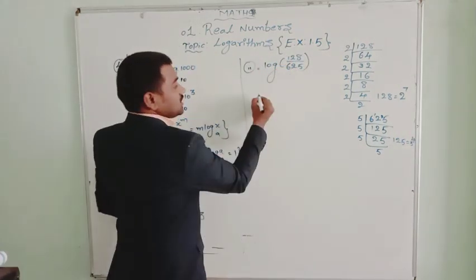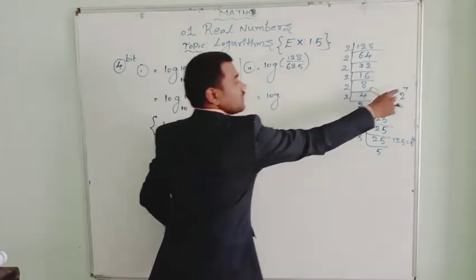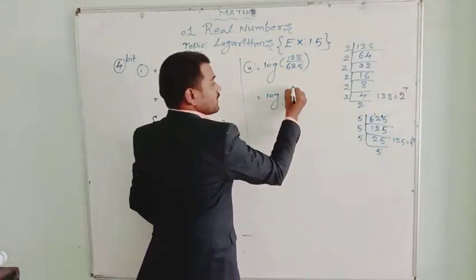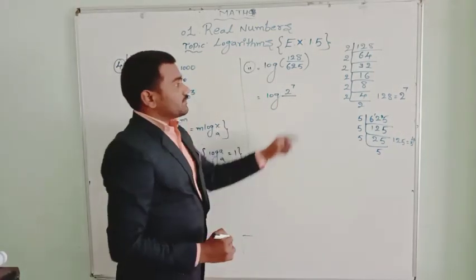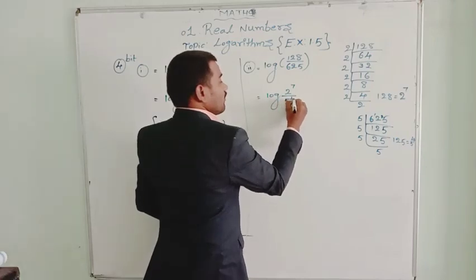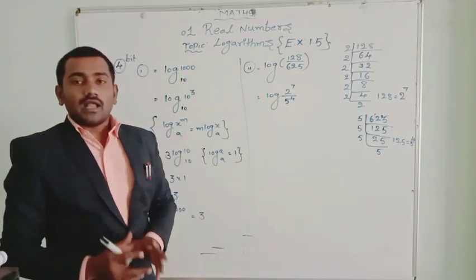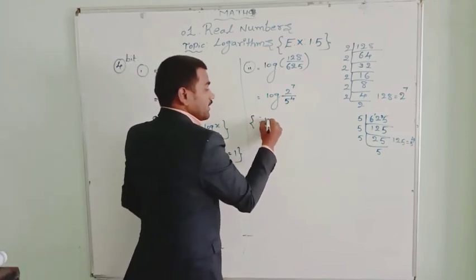Let us rewrite this now in the form of log, 128 equal to 2 to the power of 7 by 625, which we can write as 5 to the power of 4. Now it is in the form of log x by y.